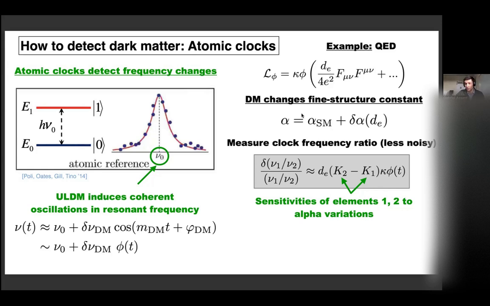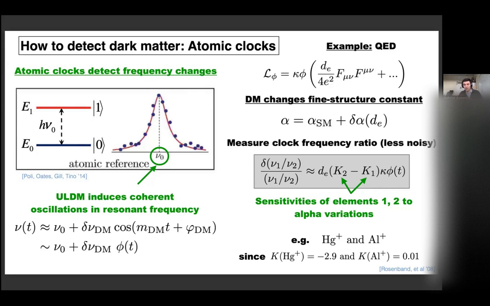And so to take a concrete example, in 2008, people looked at this and computed bounds on DE based on ions of Hg, mercury, and Al, aluminum. And so what you would do is you would take a reference element, which here is the aluminum ion, which depends in a very small amount on alpha variations.